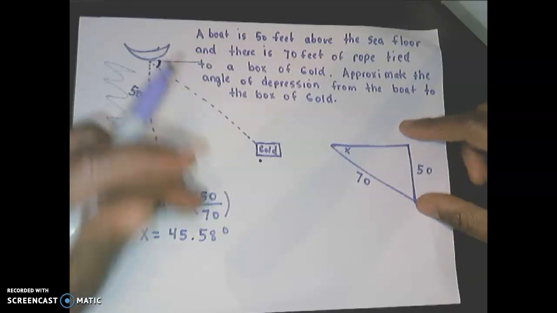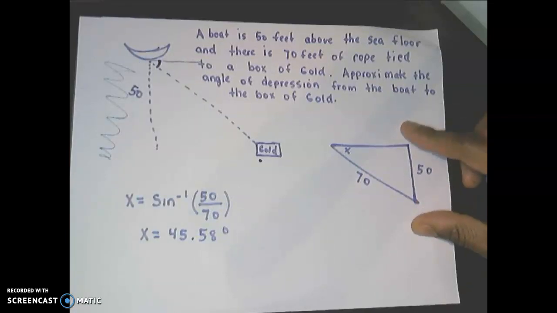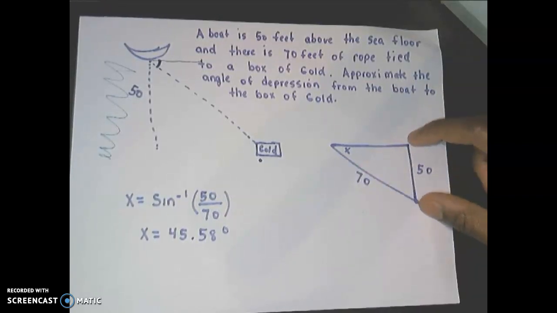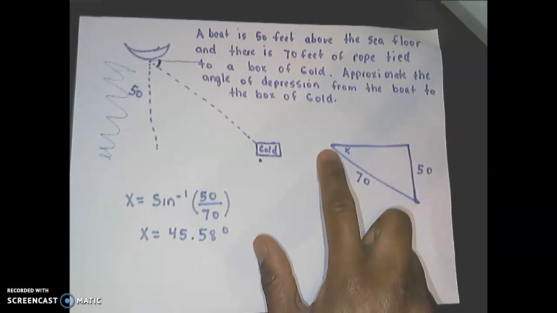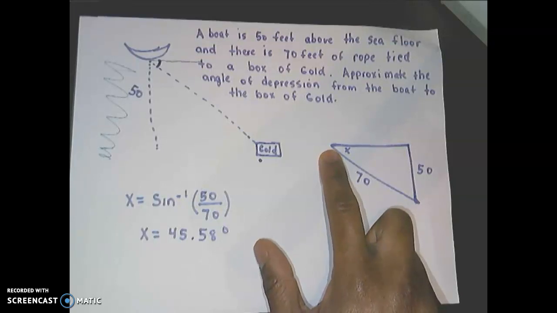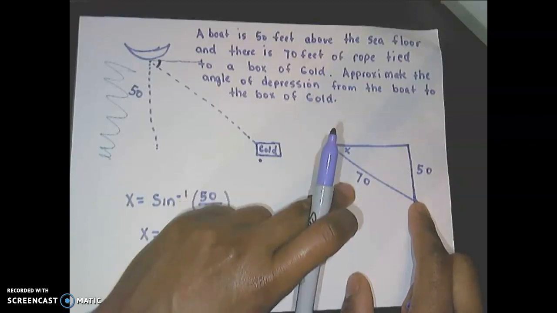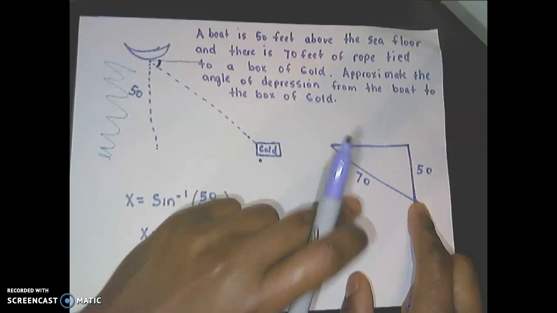I went ahead and drew the triangle that can represent this scenario. This is my angle of depression, this is the 50 feet, how far above the sea the boat is, and the rope from the boat is 70 feet.